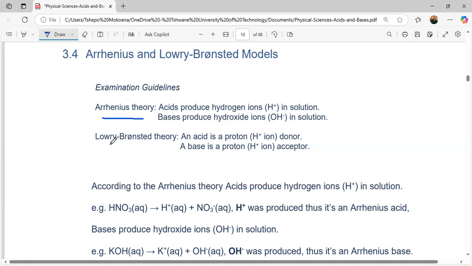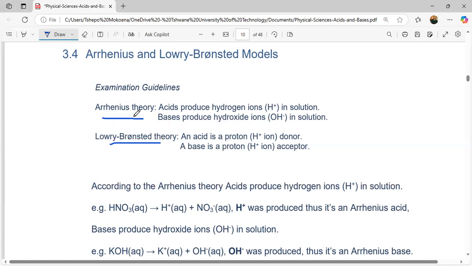And then later on, two scientists came along and then they postulated this definition of acid and base. Now, the reason why these two guys came along is because now these definitions are more properly explaining how an acid and a base actually react.